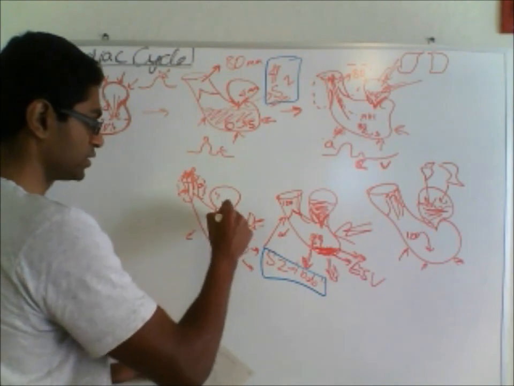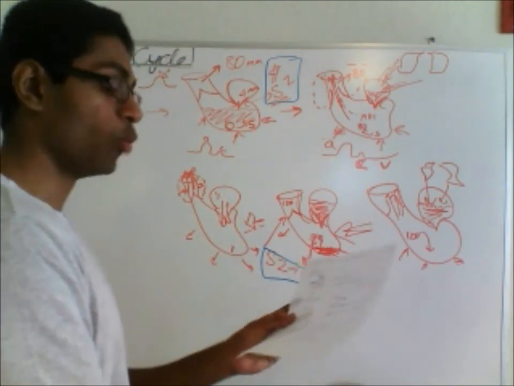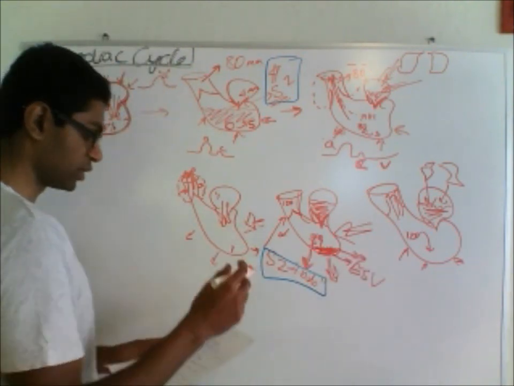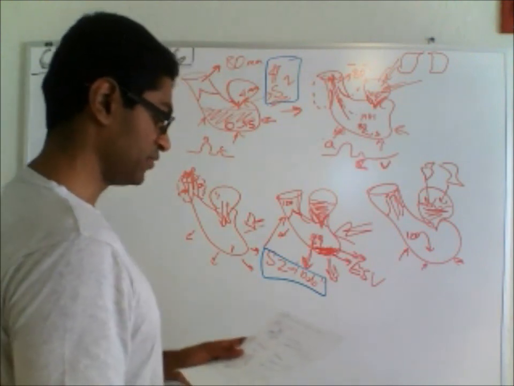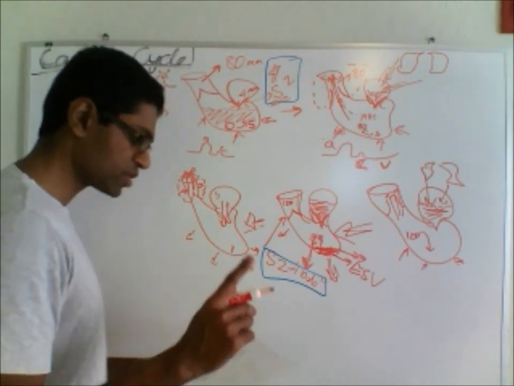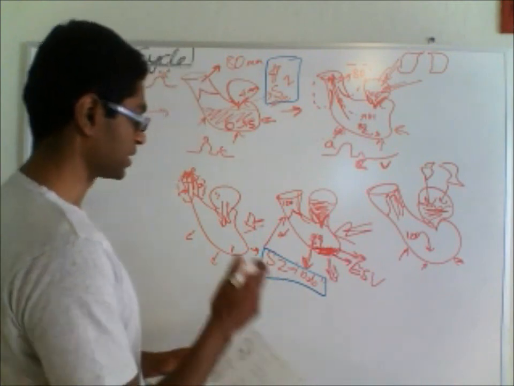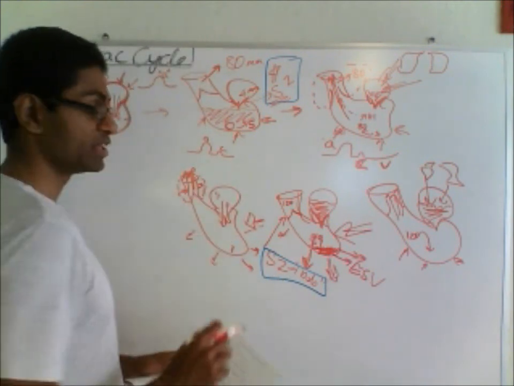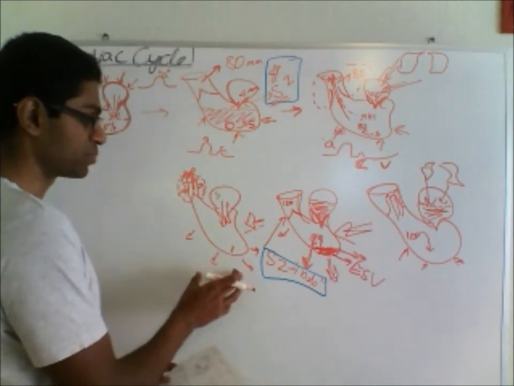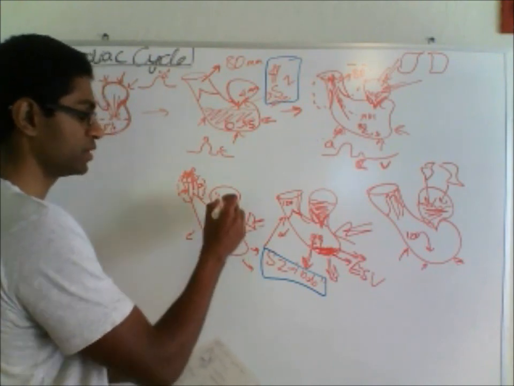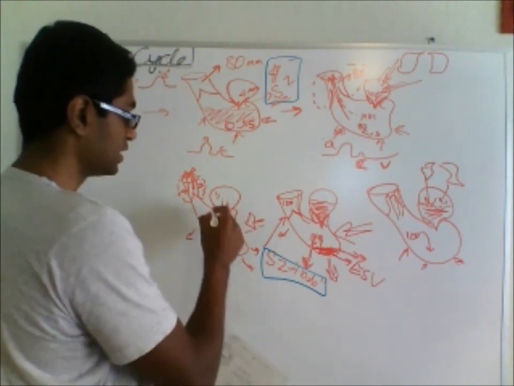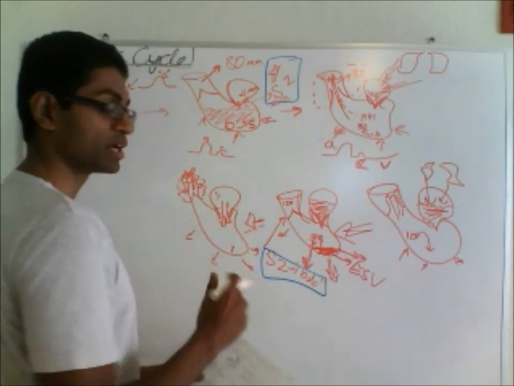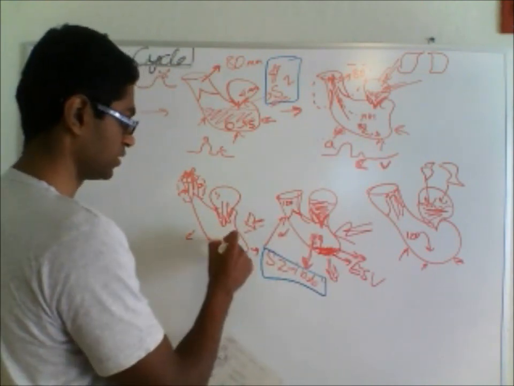The valve is just going to open up, okay? It's just going to real quickly open up, and this is called rapid filling. But it's called rapid passive ventricular filling because you have to notice that the atrium does not contract, okay? As the pressure in here drops, the change in pressure is so high that the tricuspid valve just opens up and the blood just starts flowing in.